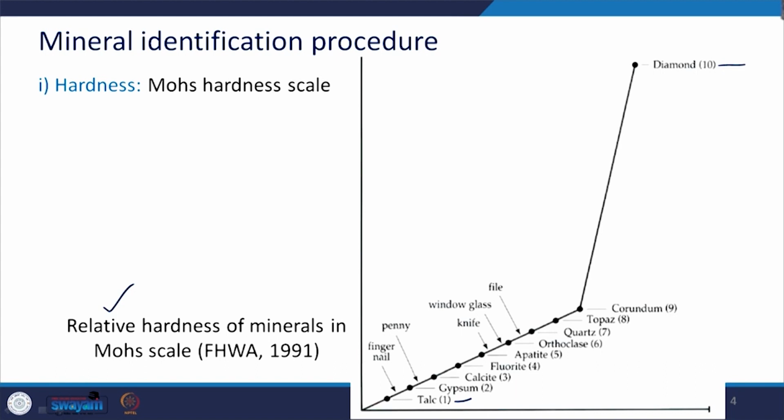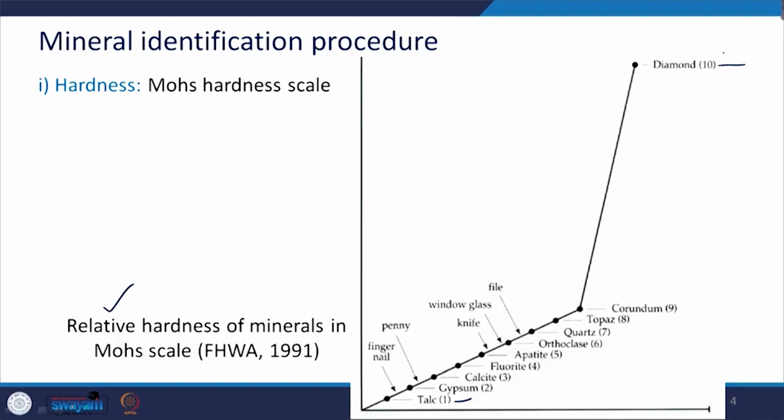When I say 1, that means the softest mineral, and when I go up to 10, then it is the hardest mineral. On that scale, all the minerals have been distributed on the basis of their relative hardness.